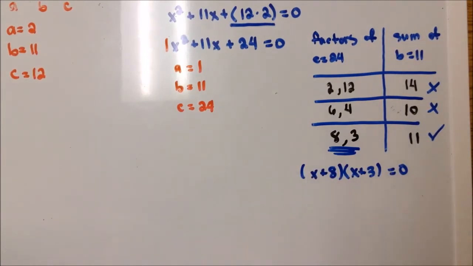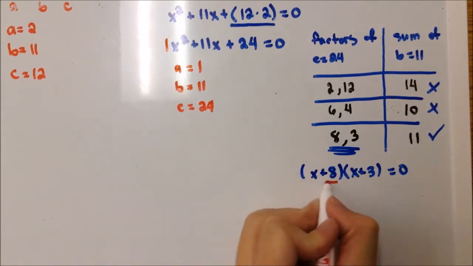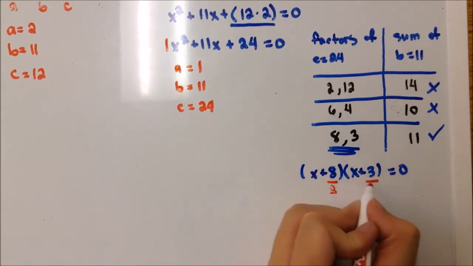Alright, so since we slid in the beginning, now we have to divide by the number that we slid. Since we slid the 2 at the very beginning, you're going to divide both factors by 2. So divide by 2 here, divide by 2 here.